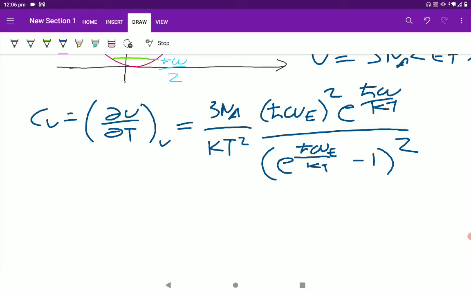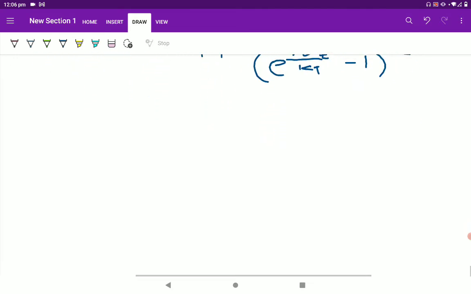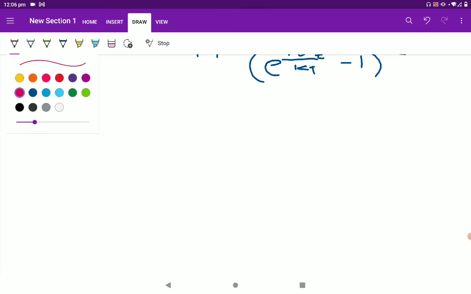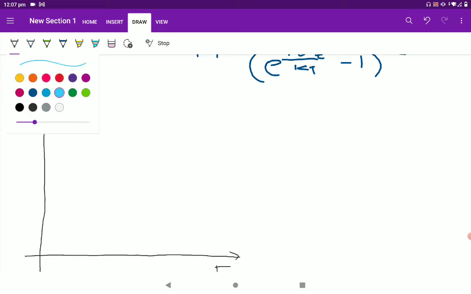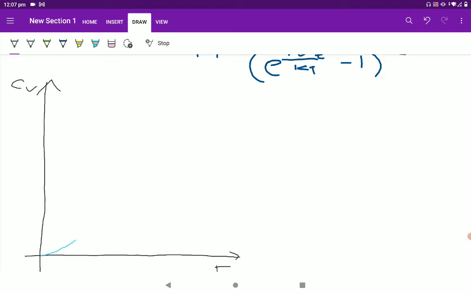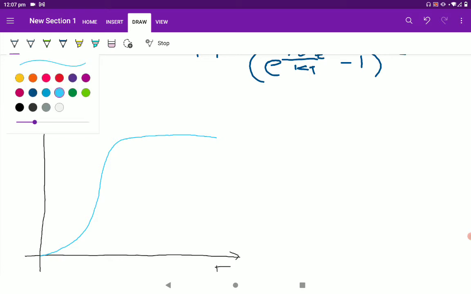Now let's plot the obtained results and compare the Dulong-Petit model and the Einstein model. This was the curve obtained by the Dulong-Petit model, and now the curve obtained by the Einstein model looks something like this.